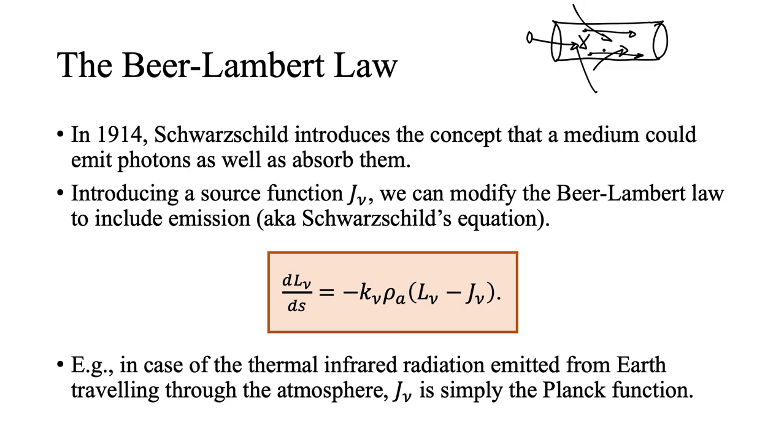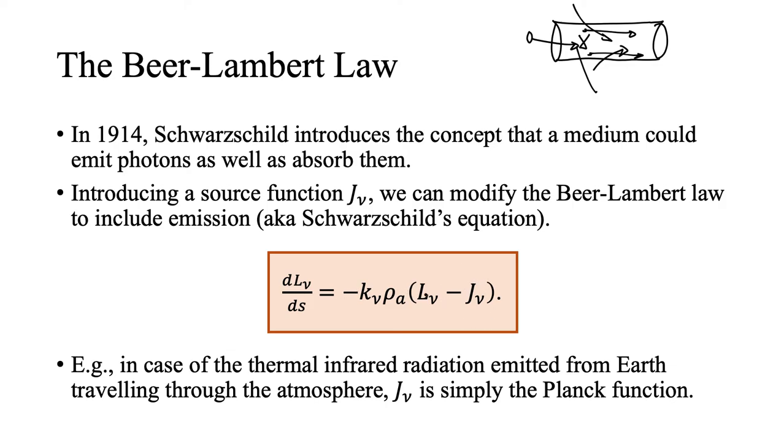The way to do that was introduced by Schwarzschild in 1914. Schwarzschild is better known in physics for being the person who introduced the concept of event horizon, solving Einstein's equation. But in 1914, Schwarzschild introduced this new concept and modified the Beer-Lambert law. This is sometimes called Schwarzschild's equation, but essentially, this is the Beer-Lambert law divided by ds, if you will, with the introduction of this new term.